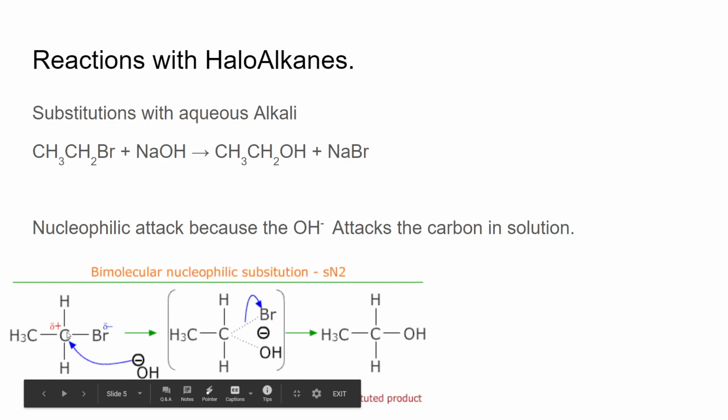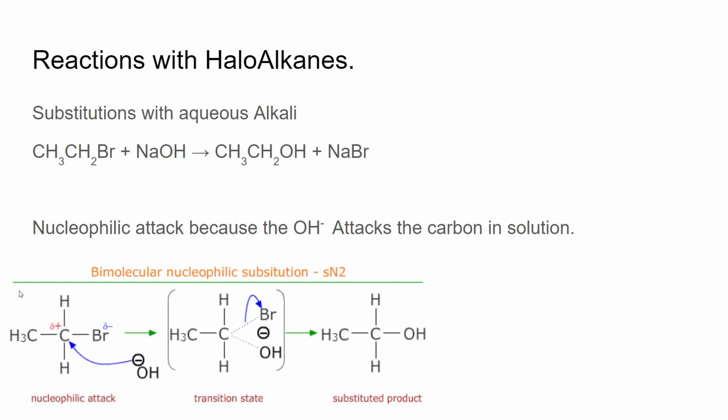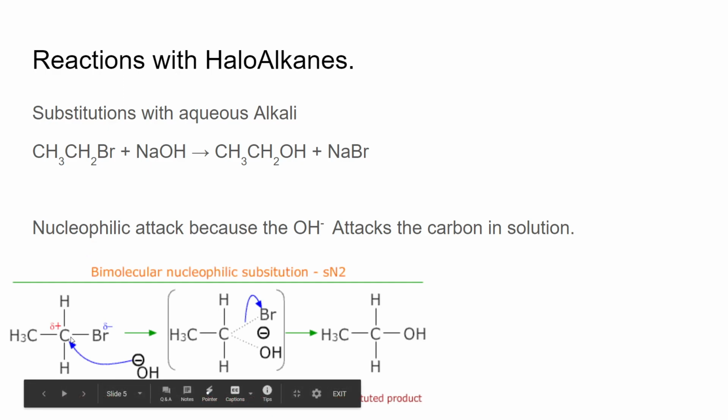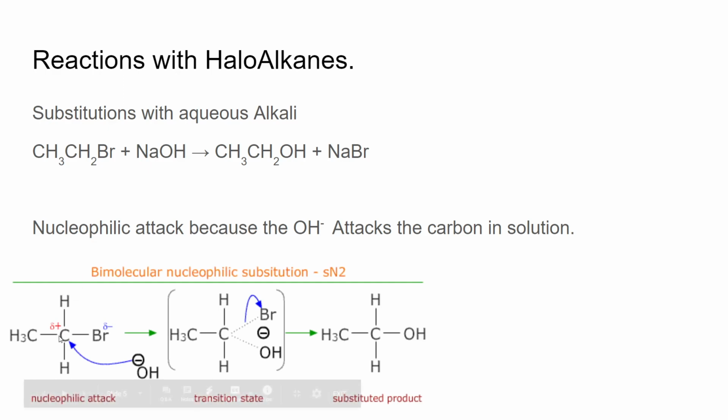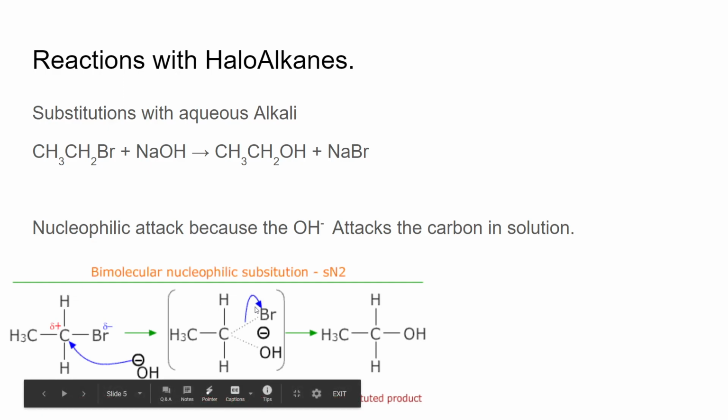Remember that this carbon is going to have a slightly positive charge because bromine grabs a little bit more of the electrons. The nucleophile is going to come on the back side, so if I was drawing this out myself, I'd have it coming from this side. It's going to cause a temporary bond between the carbon and the hydroxide.